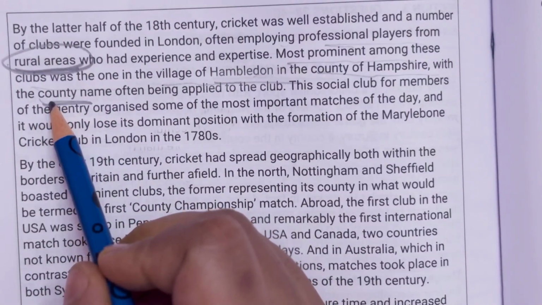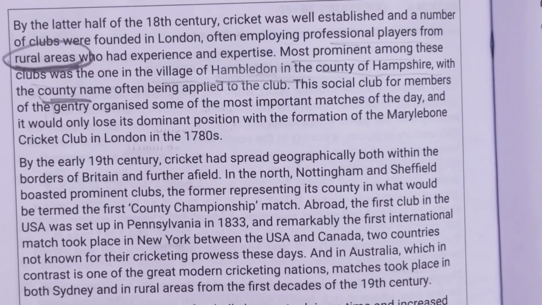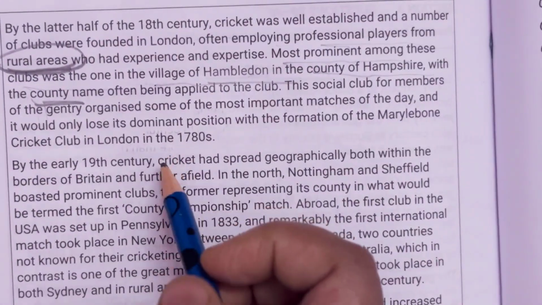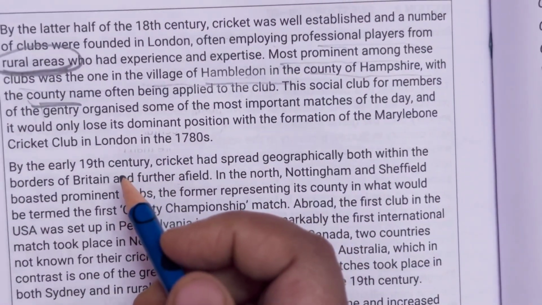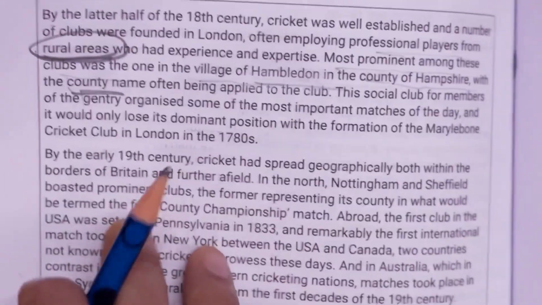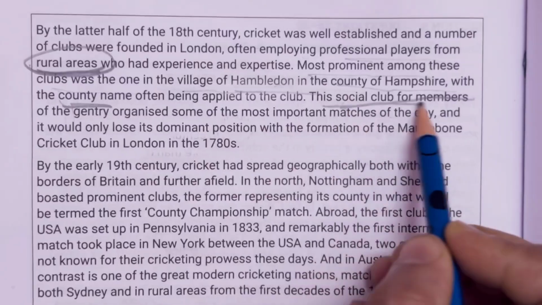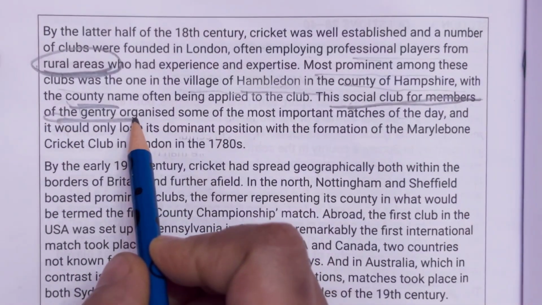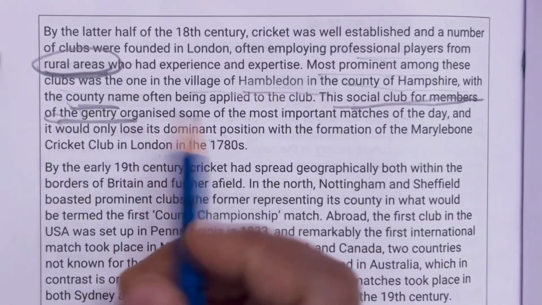Did they hold a county? No. They held a dash in cricket. Okay, it was a social club for members of the gentry. So gentry is where members of the upper classes met.